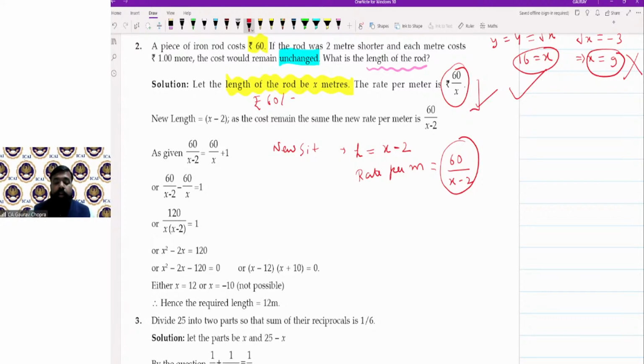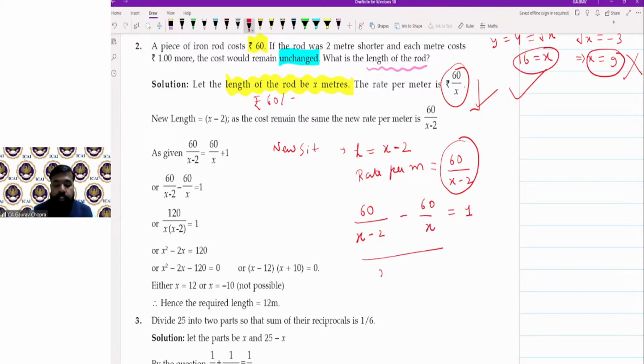ओके नाउ अब क्वेश्चन ने बोला कि ऐसा करने में जो टोटल कॉस्ट पर मीटर है उसमें 1 रुपी का चेंज आएगा. सो वी कैन राइट इट, the difference between these two is ₹1. तो अभी कॉस्ट ज्यादा हो गई, तो 60/(x-2) minus 60/x, and their difference is equal to 1.